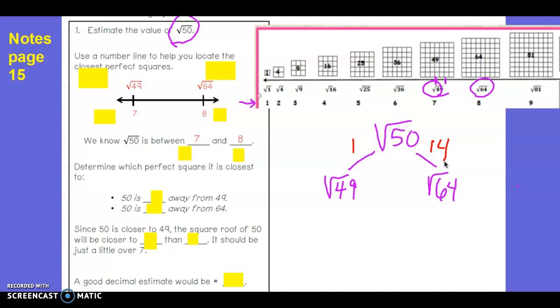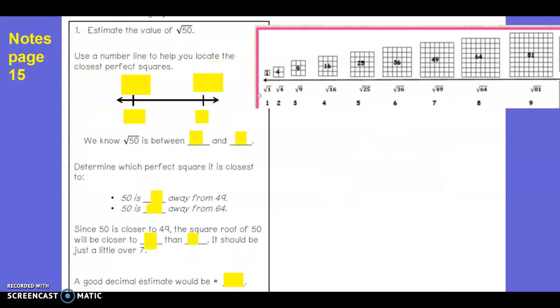So it's pretty obvious the square root of 50 is definitely the closest to the square root of 49. 50 is only 1 away from 49, but it's 14 away from 64. So the square root of 50 is going to be really close to 7 versus the number 8. And so a good estimate, since 50 is only a distance of 1 away from 49, is that the square root of 50 is super close to 7, so we could say it's about 7.1. And that's how you estimate a square root.